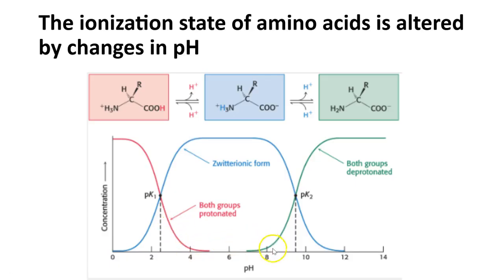Eventually it gets to the point where the deprotonated form starts to form, and that is highlighted in green. And now the deprotonated form and the zwitterion are both present and at equilibrium at the pKa2. And then as you add more and more base, that zwitterion form starts to decrease, and more of the deprotonated version is becoming present.